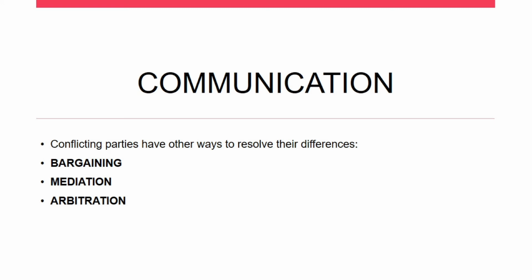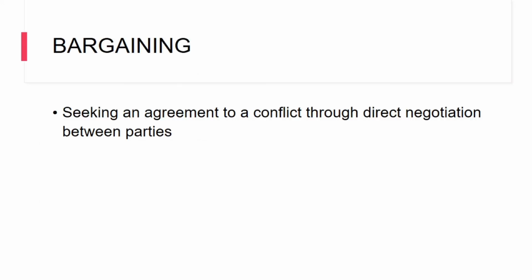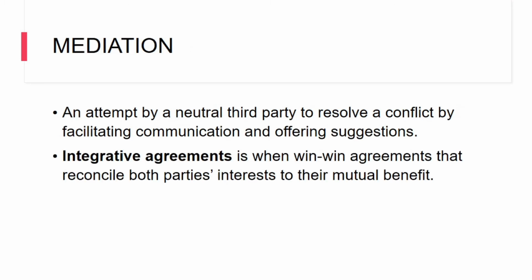Conflict parties have other ways to resolve their differences. First, let's talk about bargaining. Bargaining is seeking an agreement to a conflict through direct negotiation between parties. Mediation is an attempt by a neutral third party to resolve a conflict by facilitating communication and offering suggestions.